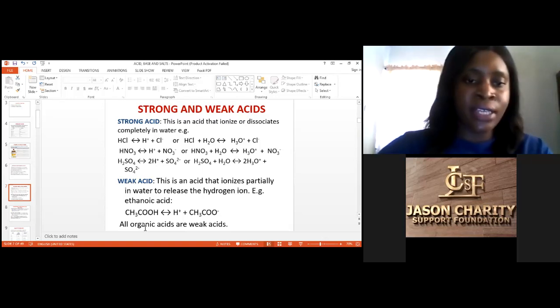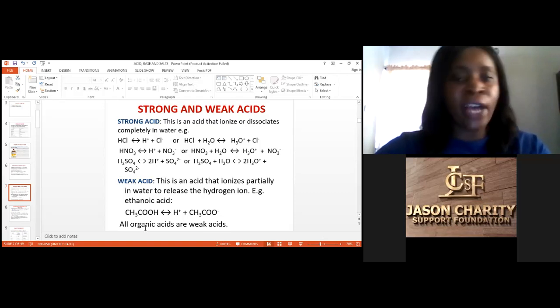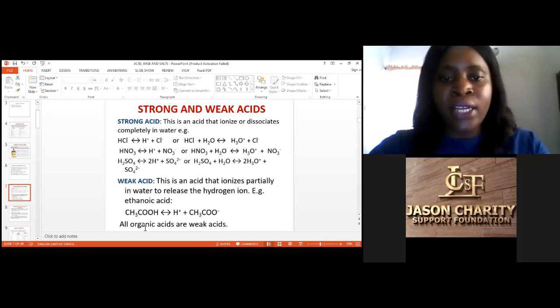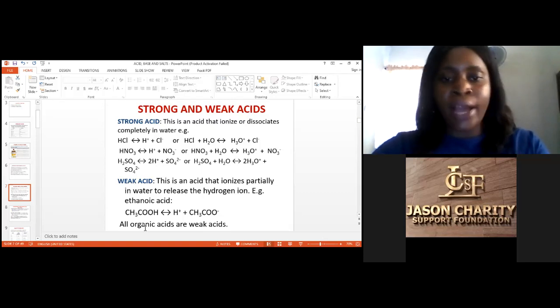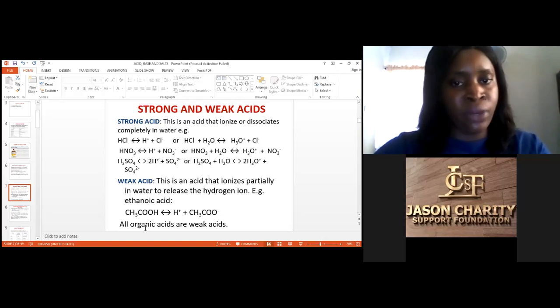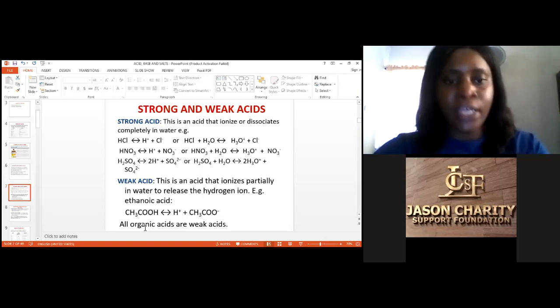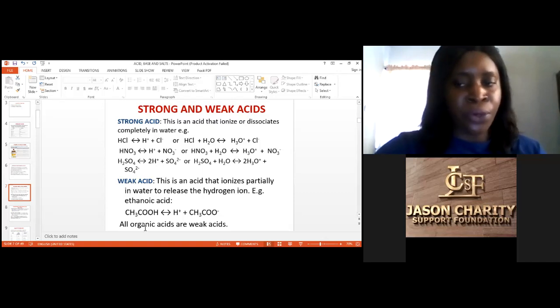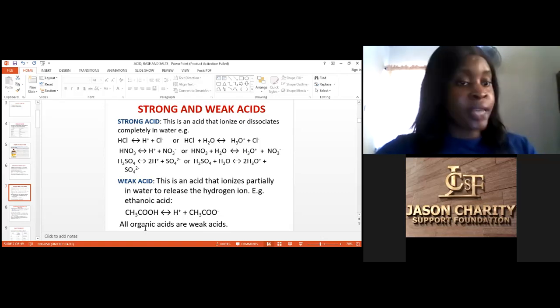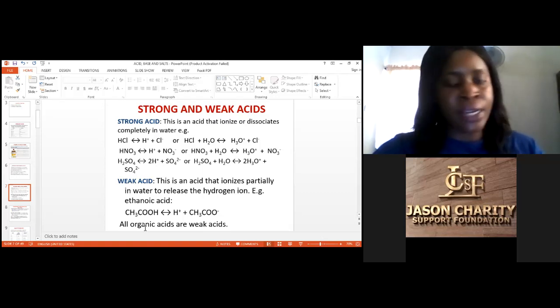As you can see, despite having 4 hydrogens, only one is actually ionized when dissolved in water. One thing you need to know is that all organic acids are weak acids. They are not strong acids. And ethanoic acid is also an organic acid.